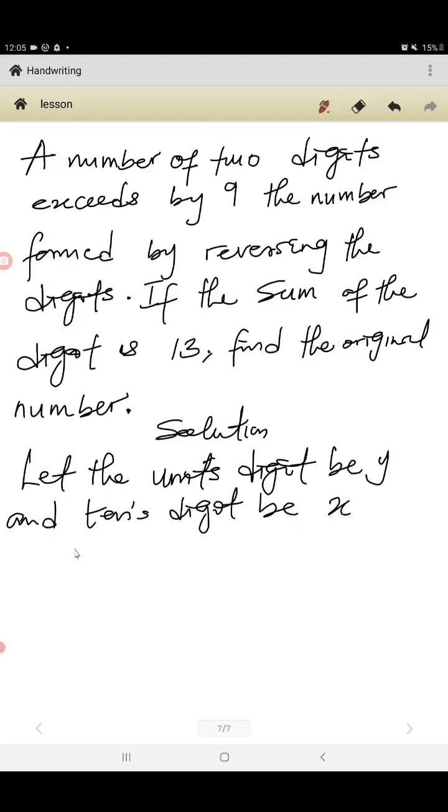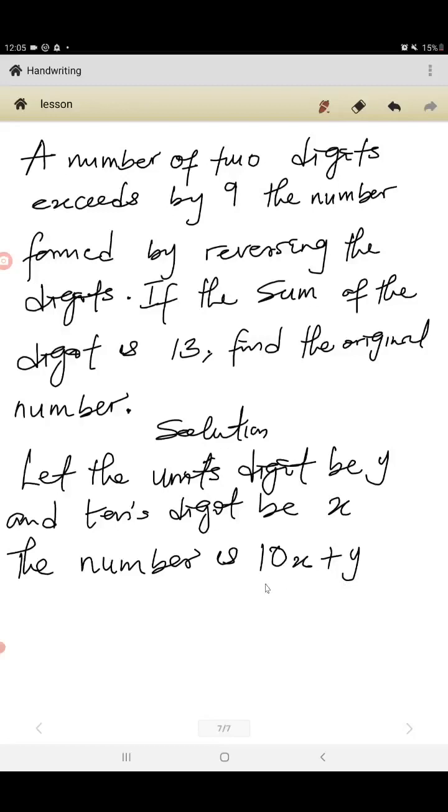So the real number they are talking about, the number, is now represented with the unit digit as y and the tens digit as x. So the number is 10x plus y.